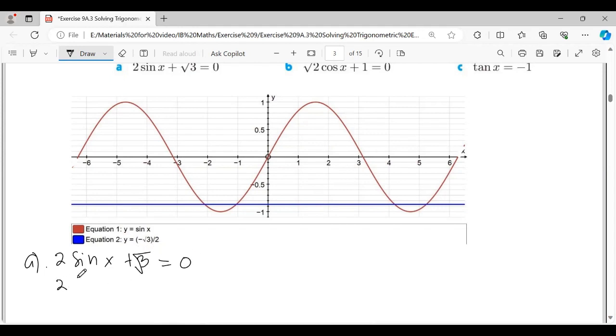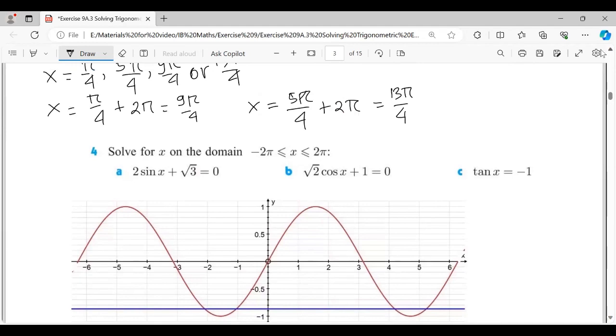So it is 2 sine x equals negative square root 3. Sine x equals negative square root 3 over 2, or negative half square root 3. Okay, let's define negative half square root 3, or square root 3 over 2.